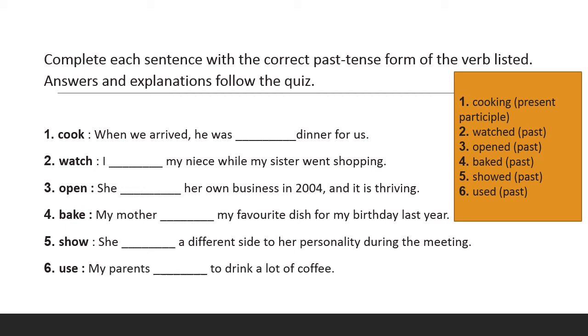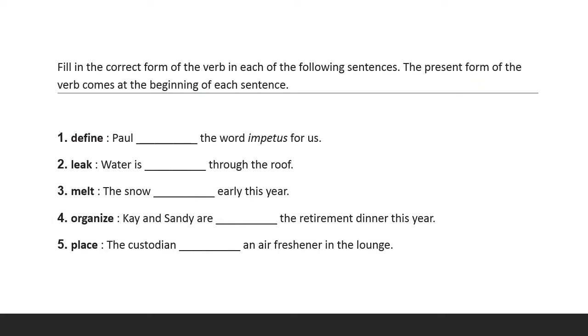So he was cooking dinner for us. But all of the other forms are like I watched, she opened, my mother baked, she showed, my parents used to.